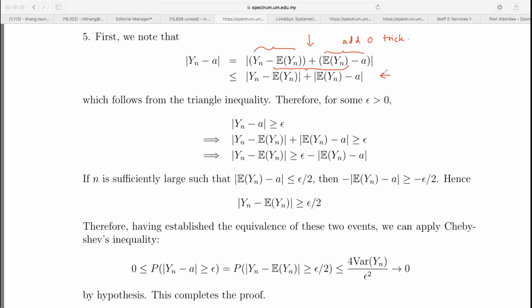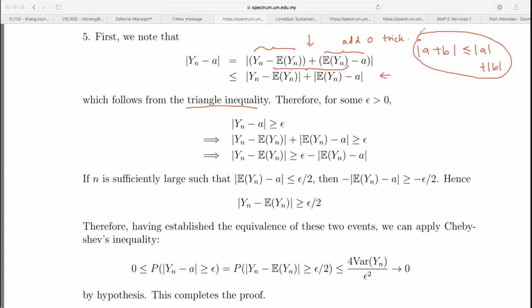And over here, this is the triangle inequality. You have absolute A plus B is less than or equals to absolute A plus absolute B. Remember at the beginning of the course, we had a few examples of using triangle inequality. This triangle inequality is considered an elementary inequality in analysis, so you should always remember it.